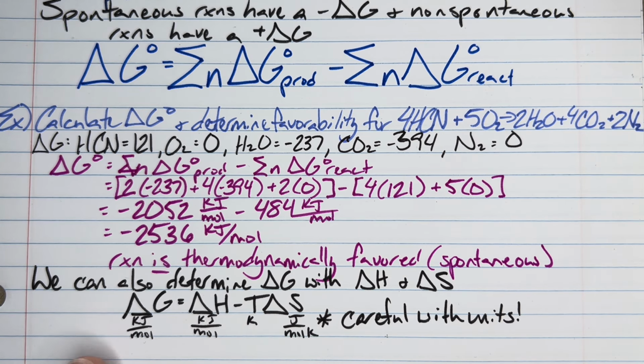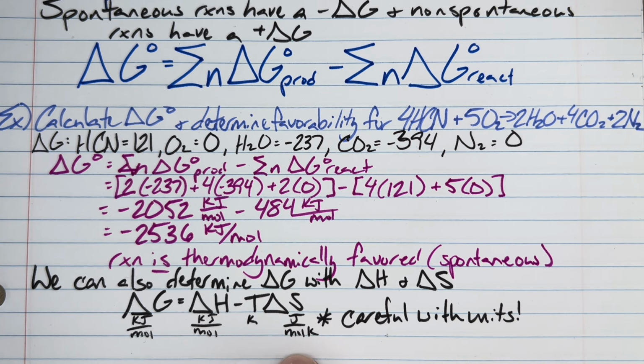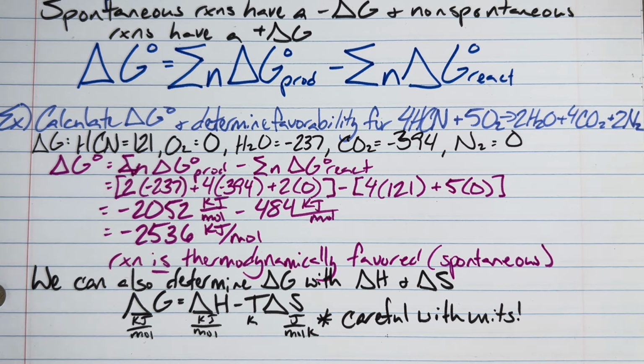However, all of the rest of the units here are kilojoules per mole. The Kelvin is being taken care of by the temperature value here. However, you need to convert from joules to kilojoules in order to be able to adequately subtract these values and report in the correct unit overall.